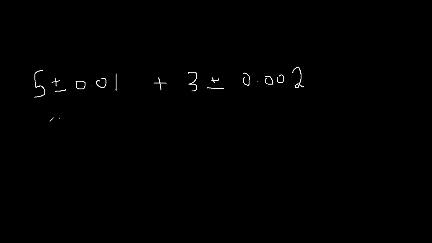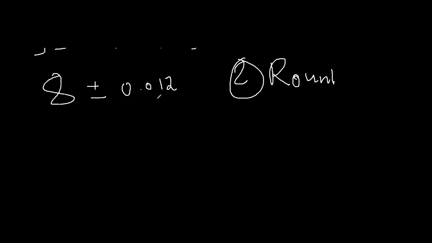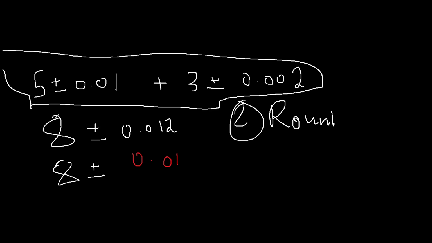So 5 plus 3 is 8, and then plus or minus this plus that, which is 0.012. The second step is to round. We round the uncertainty, so this would be 0.01, and 8 stays the same, so it would be 8 plus or minus 0.01. This is how we propagate absolute uncertainty.